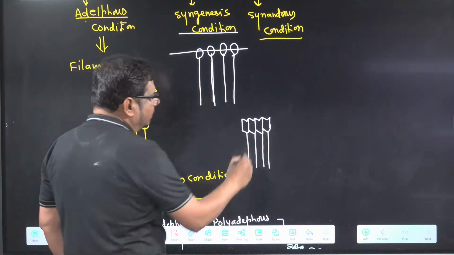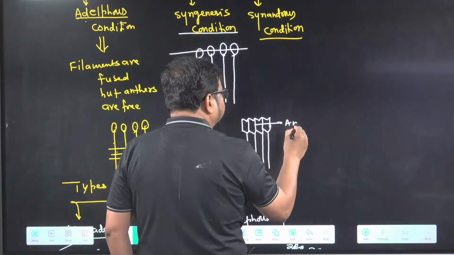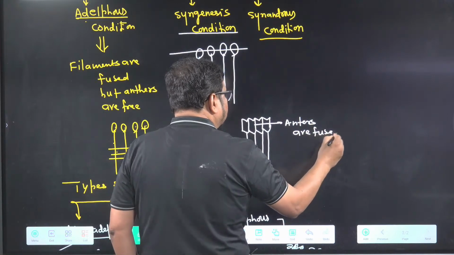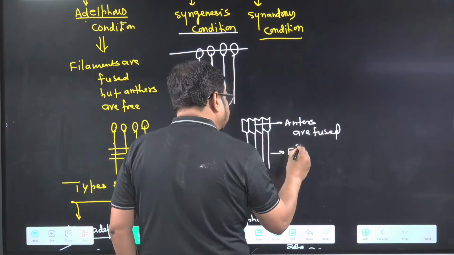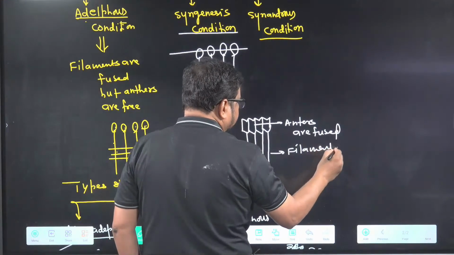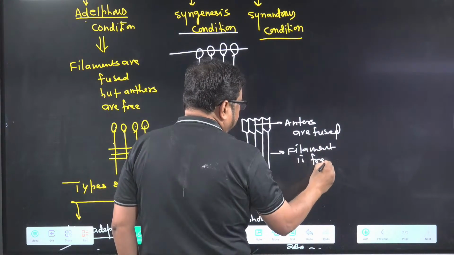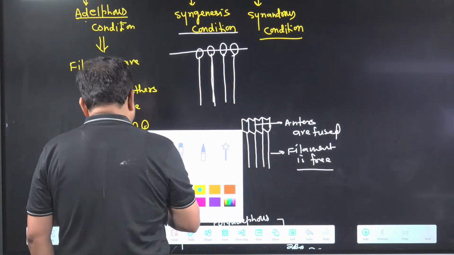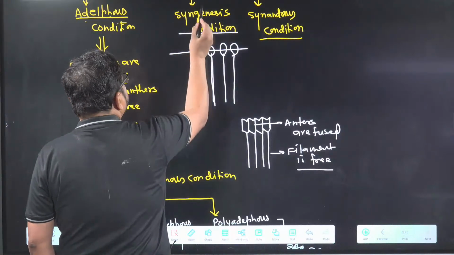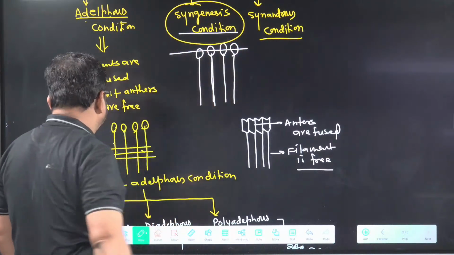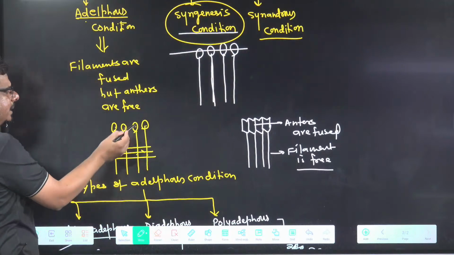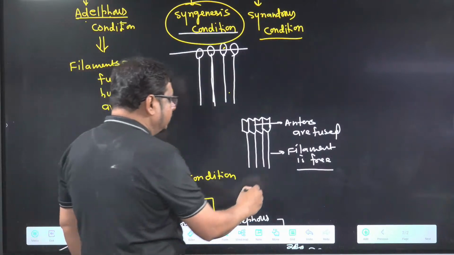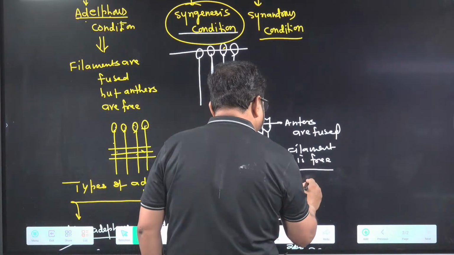Who is fused together? Anthers are fused. And who is free? Filaments are free. That particular condition we give a terminology, just opposite to the adelphous condition. We call it the syngenesis condition. In adelphous, filaments were fused and anthers were free. Here anthers are fused and filaments are free. Syngenesis condition, and a beautiful example is sunflower.